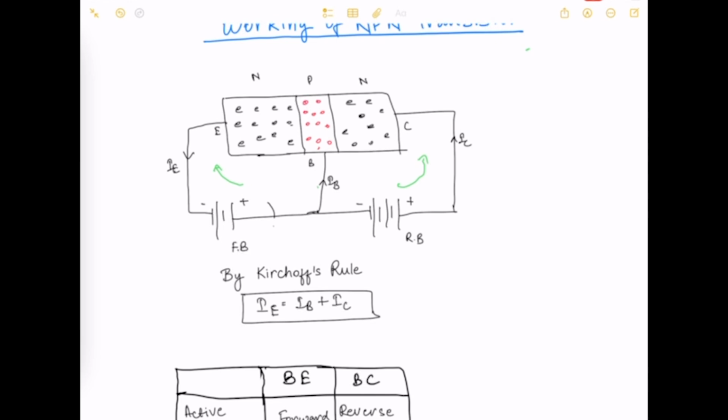As we know that the direction of charge is opposite to the direction of current, therefore due to the motion of electrons from emitter region to the collector region, a current is generated, that is IE, in the opposite direction.